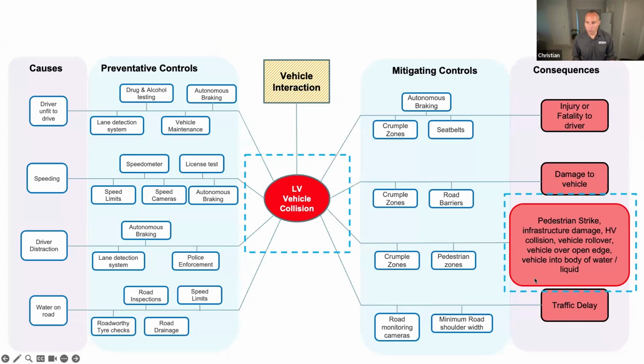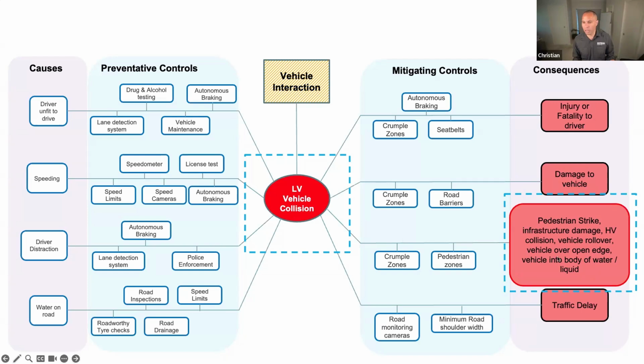However, all of these other types of consequences could be identified if our center of the knot was loss of control of a vehicle, we would pick up. So pedestrian strikes, because that could be something that happens if we lose control of a vehicle. If we have an LV collision, maybe less so.